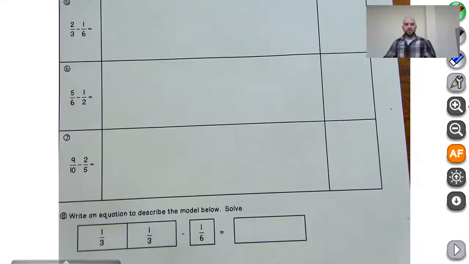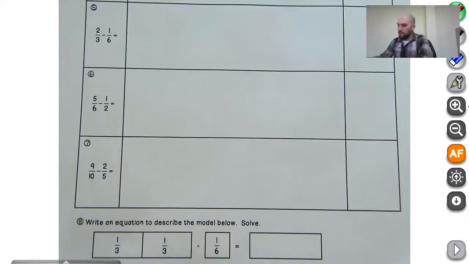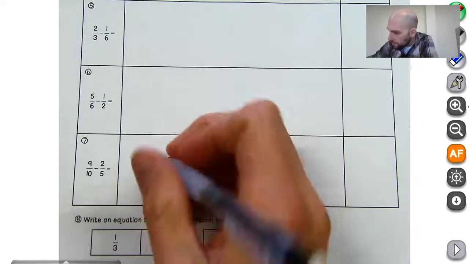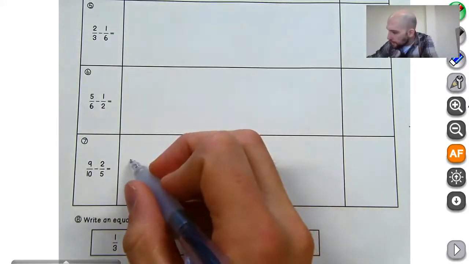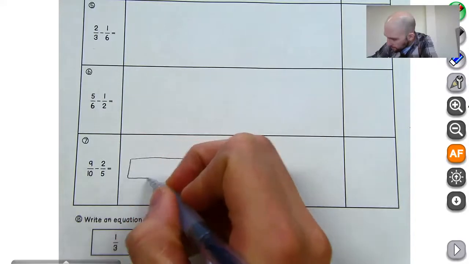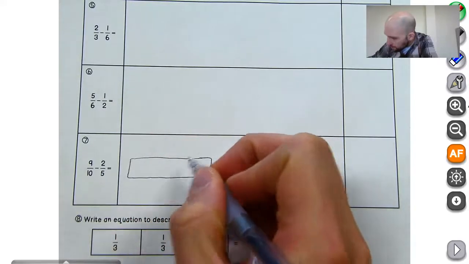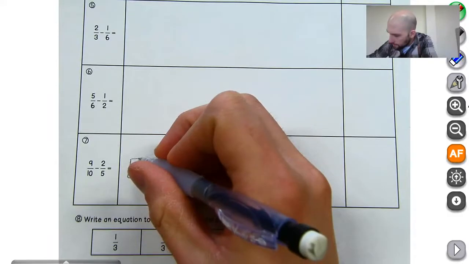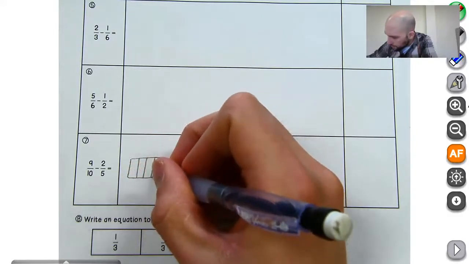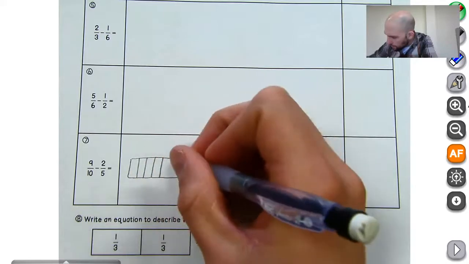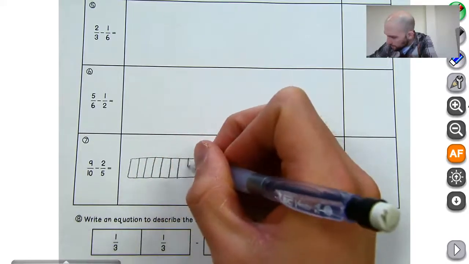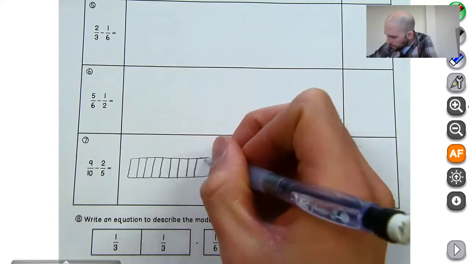Let's skip down to number 7 here. We have 9/10 minus 2/5. So we have 9/10. 1, 2, 3, 4, 5, 6, 7, 8, 9 lines.